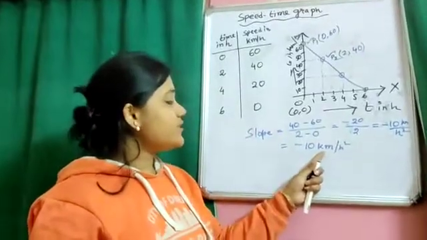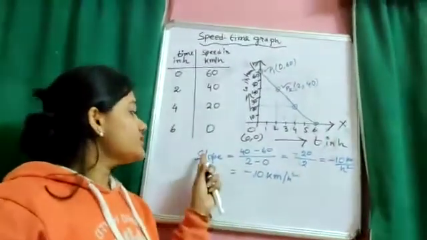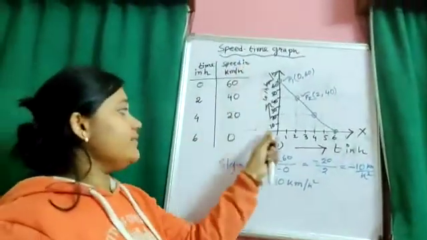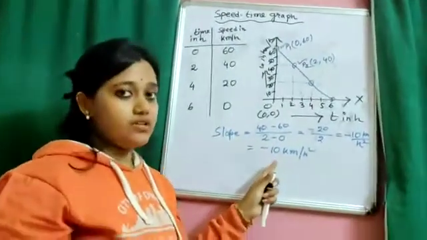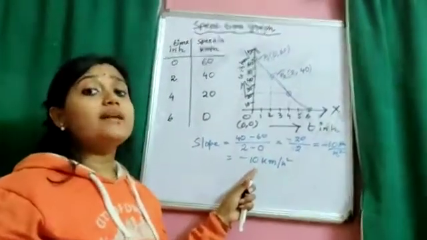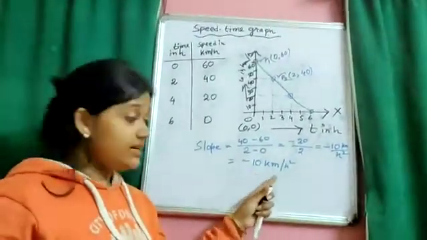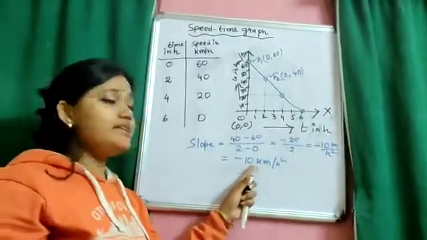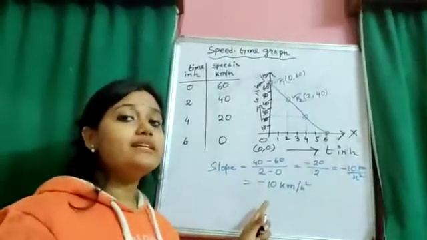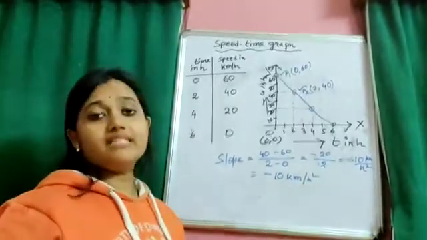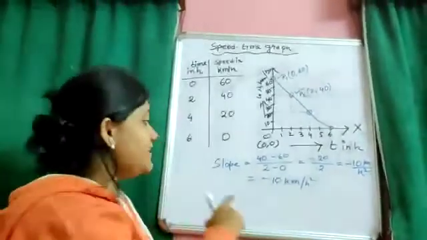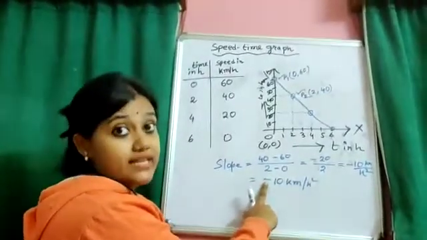So the first question is the slope of the speed-time or velocity-time graph. What is this quantity? The slope is giving us which quantity? The slope is giving us the acceleration. And here we have seen a negative sign.